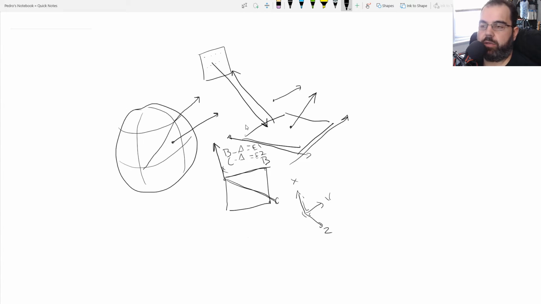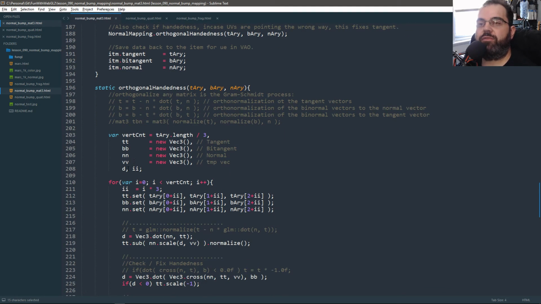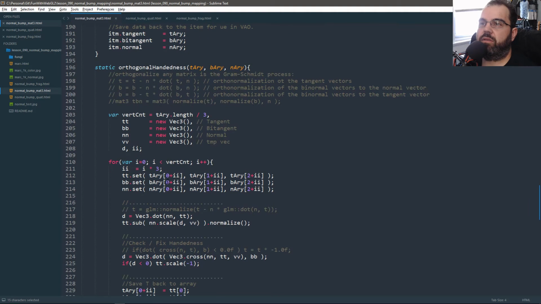That's what orthogonal means. So this function basically goes through every single, I think, face. Does it go through every single face? No, it doesn't. I'm sorry. It just goes through every single vertice and takes these 3 directions and makes sure they're orthogonal.